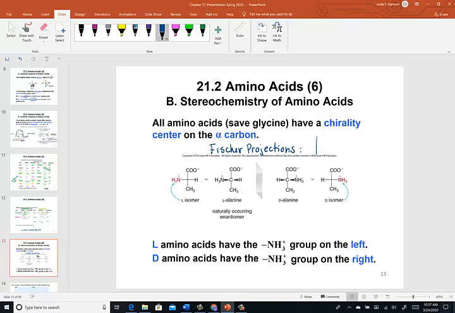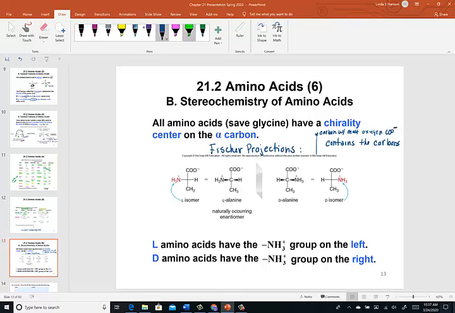So the vertical line contains all the carbons. And at the top, this is the carbon that has the most oxygen. And in this example, that carbon is always going to be the COO carboxylic acid functional group. So you're going to see that the COO part is listed at the top.